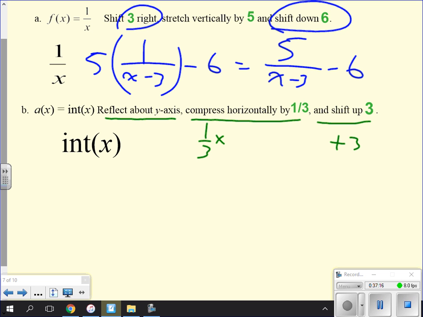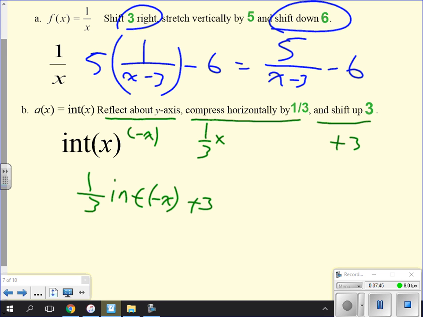Reflecting about the y-axis, that's the difficult one. Because if it's reflected around the x, that's easy. All my y's change signs. But reflected about the y means all my x's change sign. This means I have negative x inside. So I have 1/3 int of negative x plus 3.